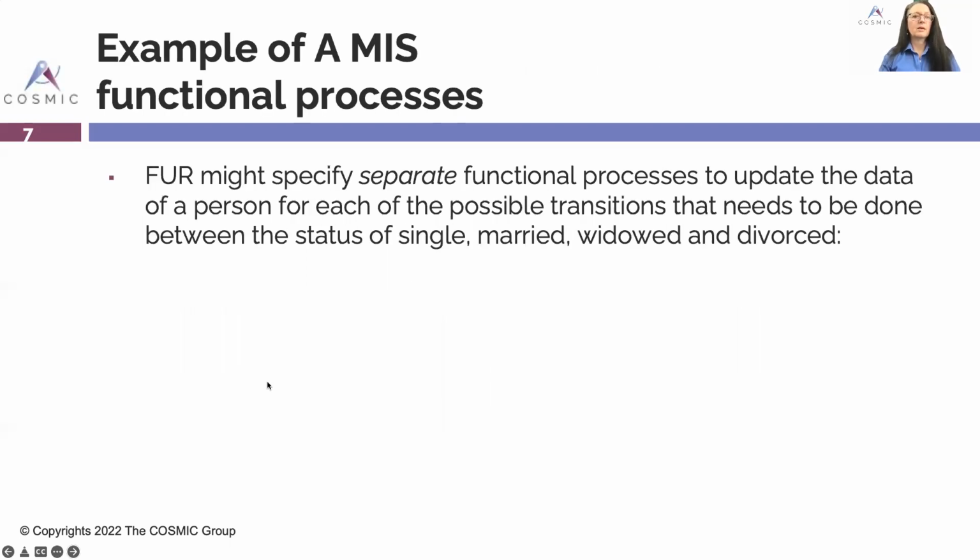Now, if we look at an example of a MIS, Management Information System, let's say we have a firm that might specify separate functional processes to update the data of a person. Let's say it's a human resources functionality for each of the possible transitions that needs to be done between the status of being single, married, widowed, and divorced.